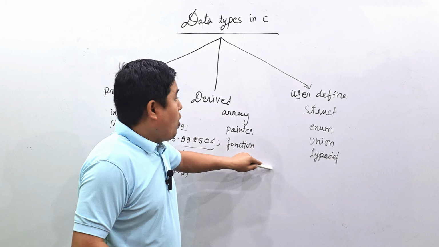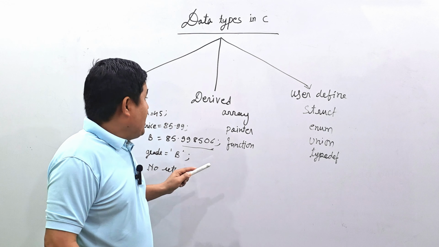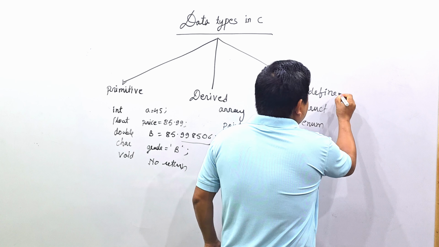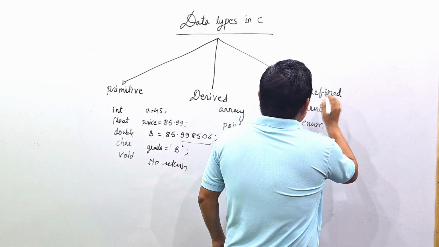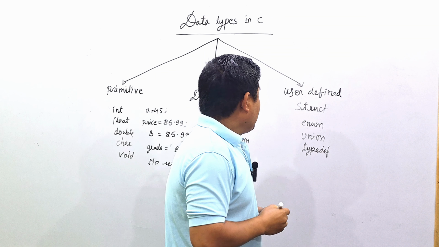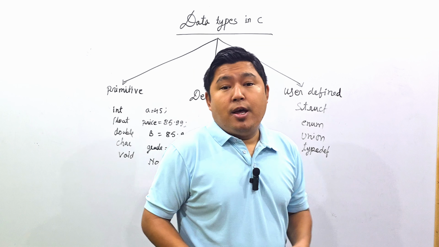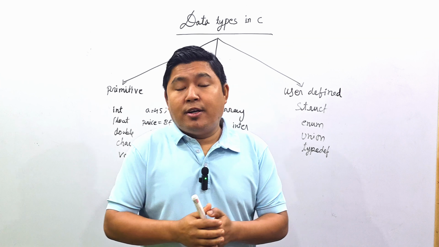We will talk about all of these later. Sorry, I forgot to write the user defined data type here. So these are the data types. Now you must have understood data types well. Now let's create a simple program.